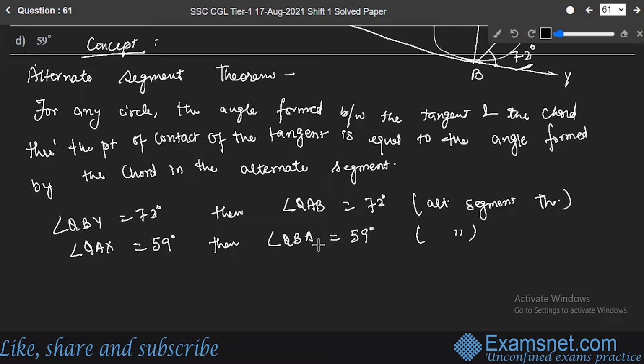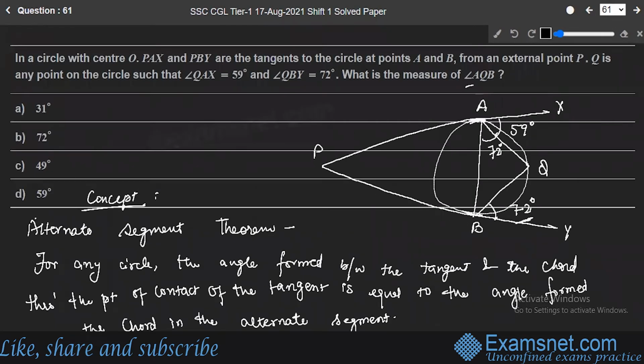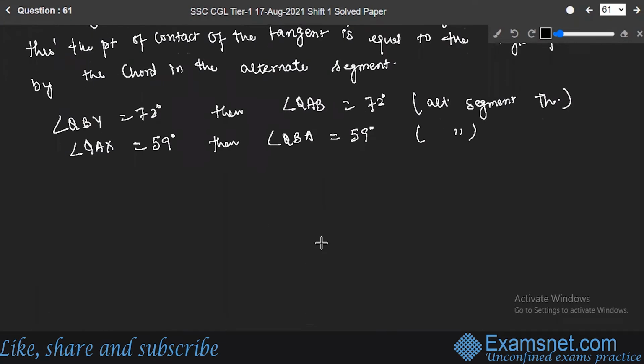Now, what do you have to find out in the question? You have to find angle AQB. See, if this is 72, you got this angle also as 59. It is very easy to find this angle using the angle sum property of the triangle, which is very much known. So angle QAB plus angle QBA plus angle AQB is equal to 180 degrees.